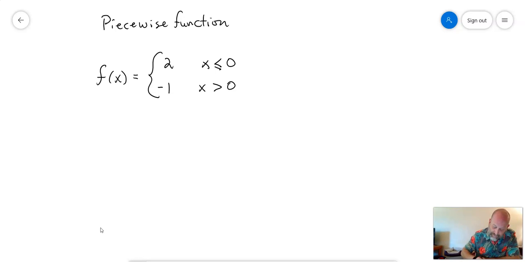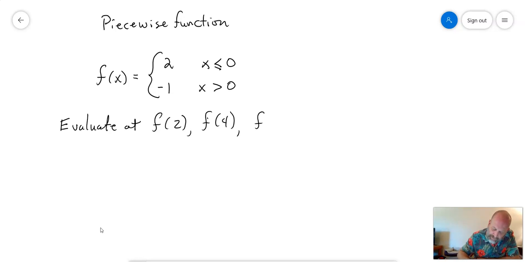So if I'm going to graph this, actually, let's start by evaluating a couple things. Let's say we want f of 2, f of 4, f of -1, and f of -10.